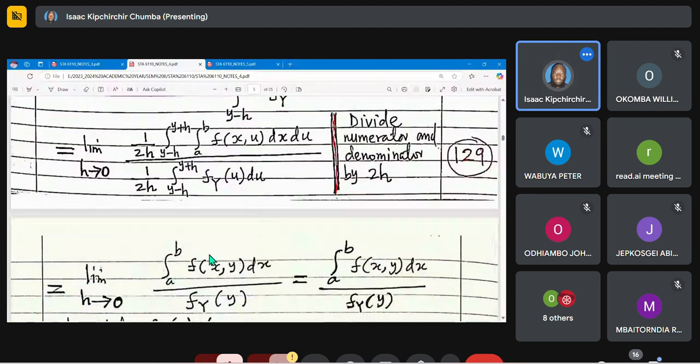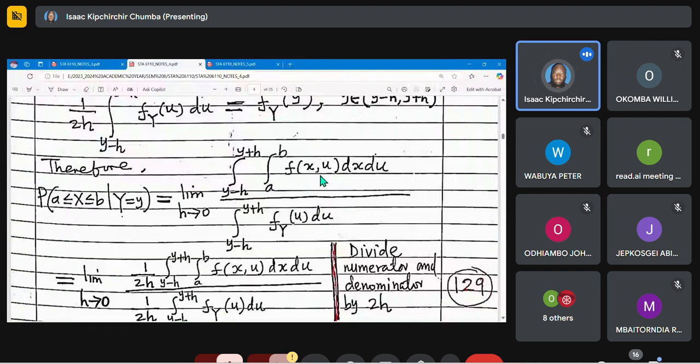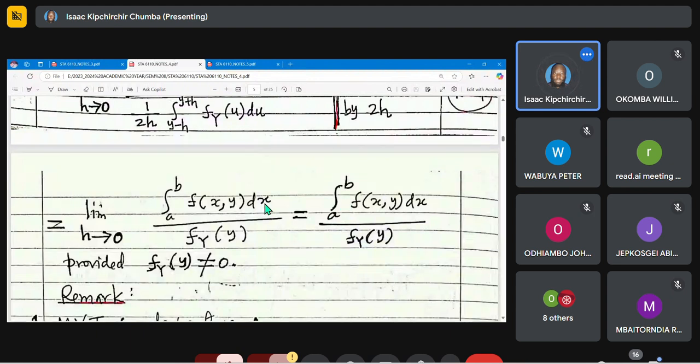This is what we are calling the right-hand side. On the right-hand side, we shall be having the integral of f of x, y dx over the marginal of y. You can now see in this result, we no longer have h. So when you find the limit as h tends to 0, it is the same result.